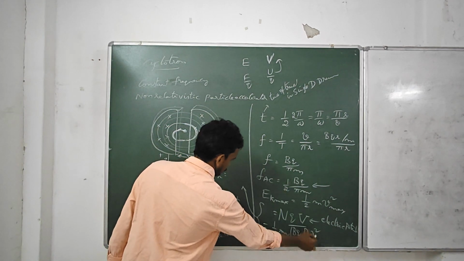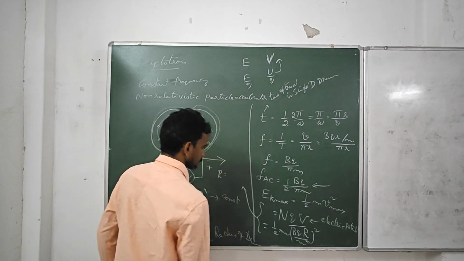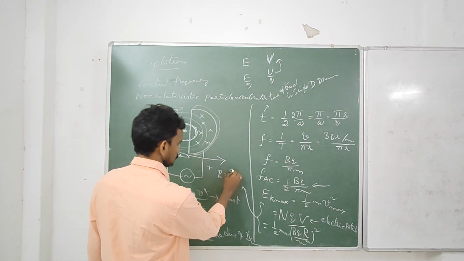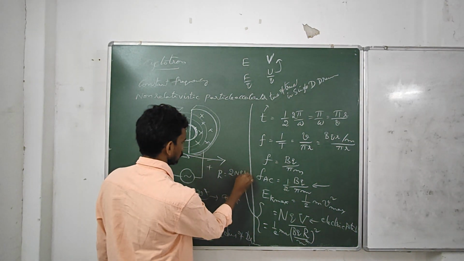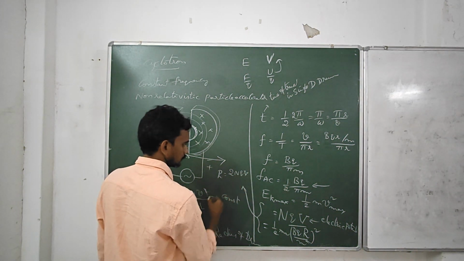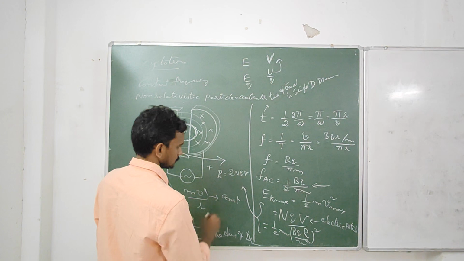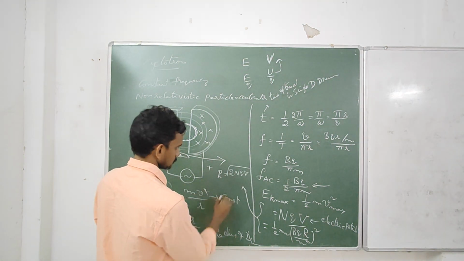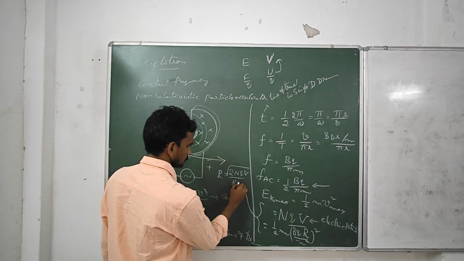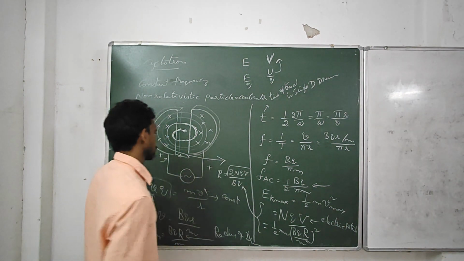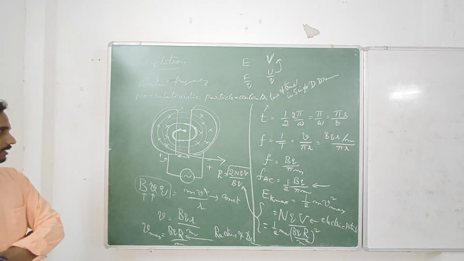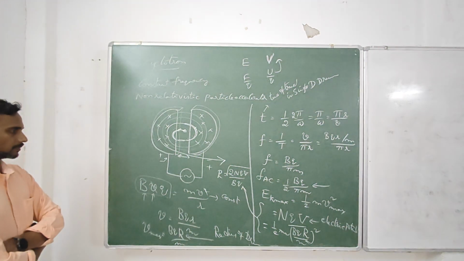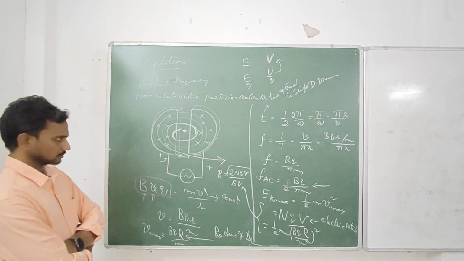Here one m will get cancelled. So R is the square root of 2nqV, divided by Bq. So that is the maximum radius or size of the drum.